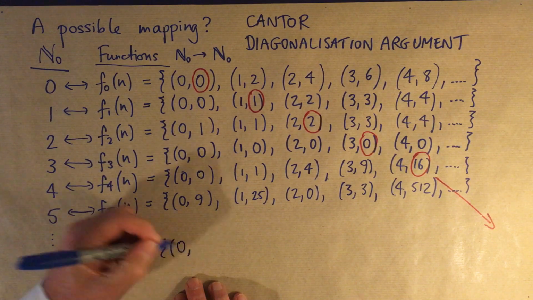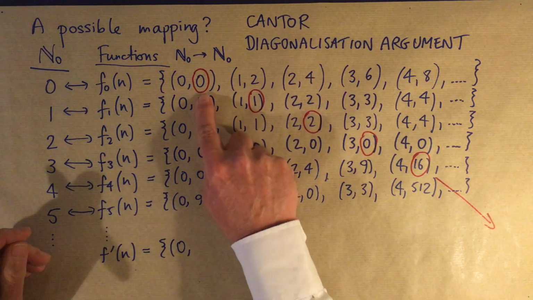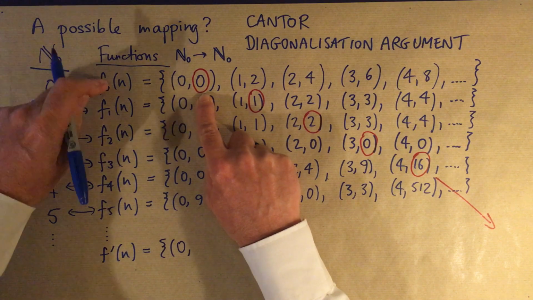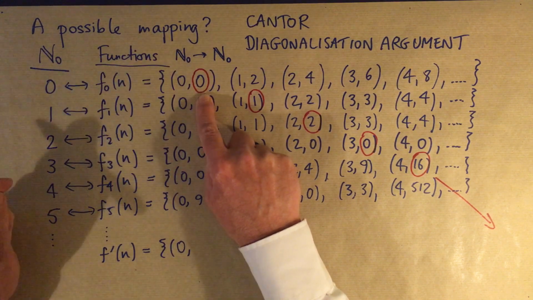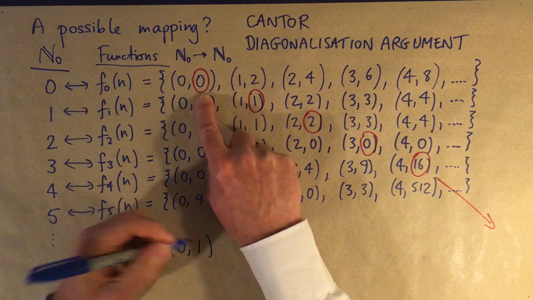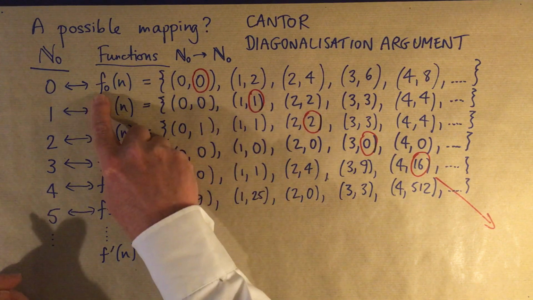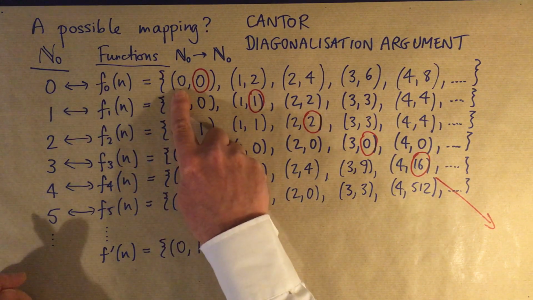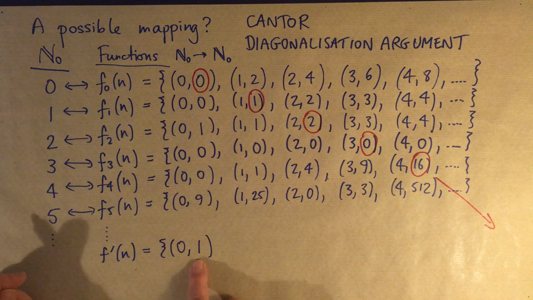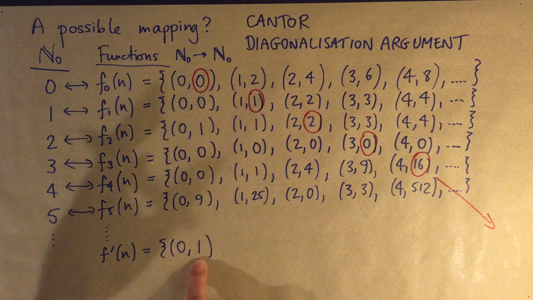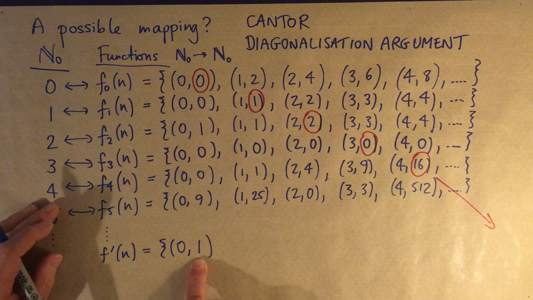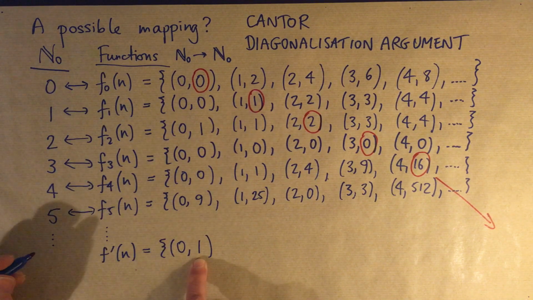For 0, what we do is we look at the output that f0 gives for 0 and we add 1 to it. So in other words, if the output for 0 is 0, for f dash, it's going to be 1. Doesn't really matter what it is, as long as it's different, and adding 1 to it will do us just fine.